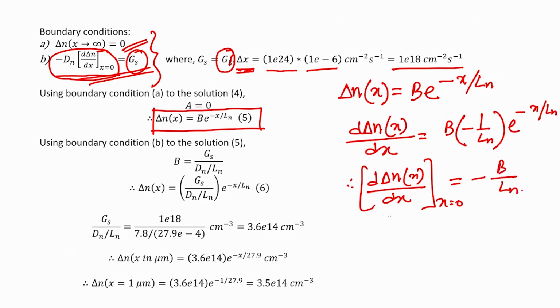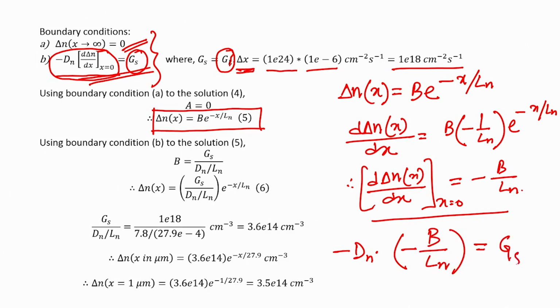So, let us plug this expression into the second boundary condition: minus Dn into minus B by Ln is equal to Gs, and the minus signs will cancel out. Therefore, B will be Gs by Dn by Ln.